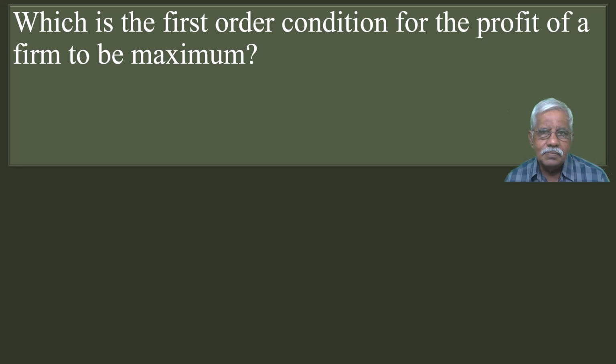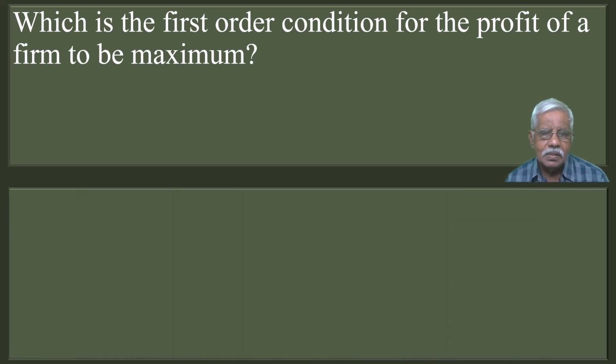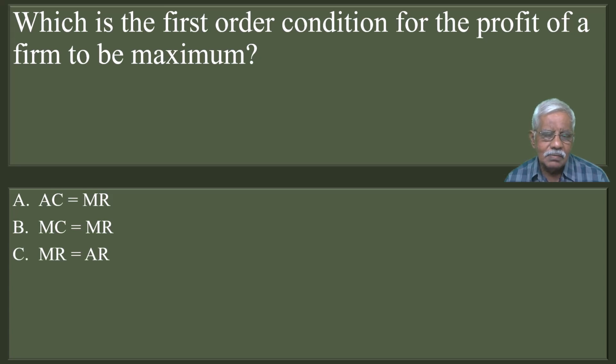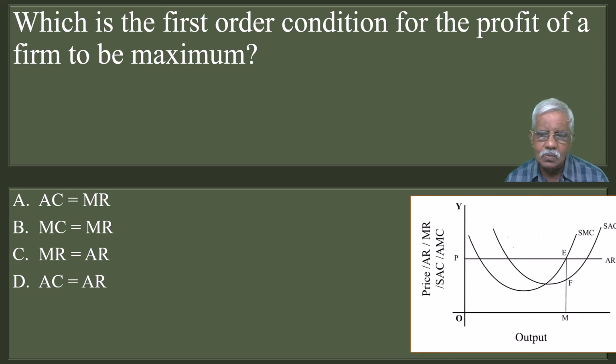Which is the first order condition for profit of a firm to be maximum? Options: average cost equal to marginal revenue, marginal cost equal to marginal revenue, marginal revenue equal to average revenue, average cost equal to average revenue.